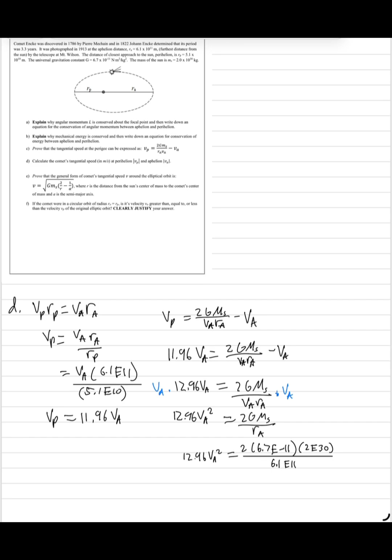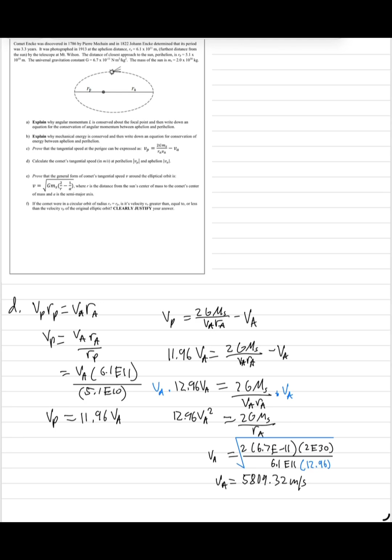And I'm going to move the 12.96 to the bottom and square root both sides. So that's my velocity at the apogee.